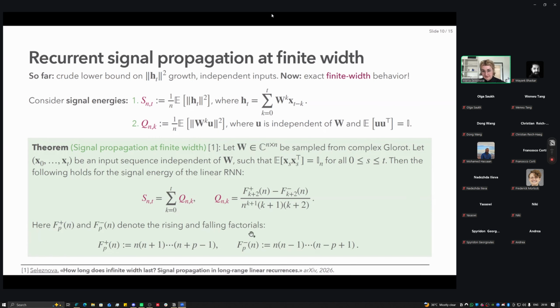The expressions are in the theorem. They are a little bit complicated. Here in the Q, for example, we have the difference of the rising factorial and the falling factorial. And these expressions look like that because they come from combinatoric reasoning. So maybe it's hard to understand from this theorem how they behave.